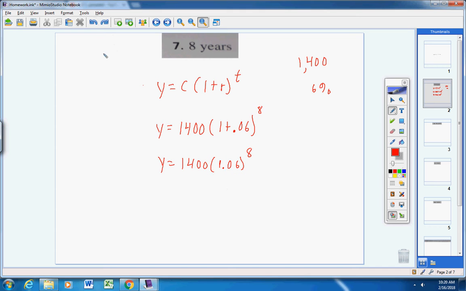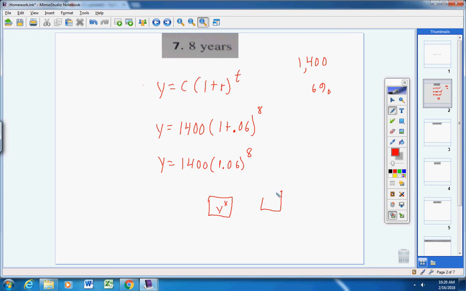Now, you are more than welcome to take your calculator and type in 1.06 times 1.06 times 1.06 over and over 8 times. But there is a button on your calculator that does exponents for you. Every calculator is different, okay? So I'm going to look for a button like this. Some calculators have a button that says y to the x power.